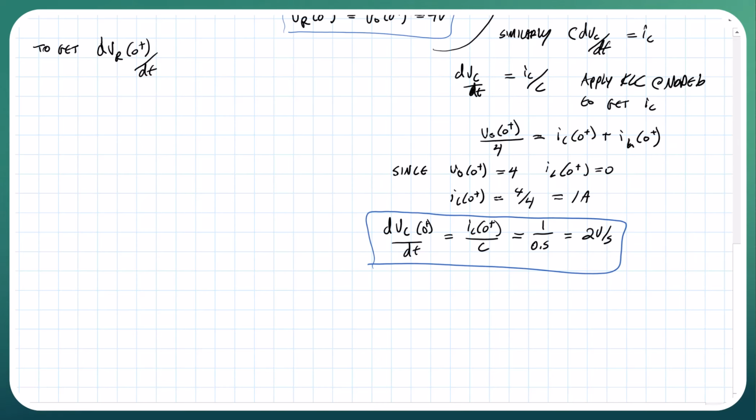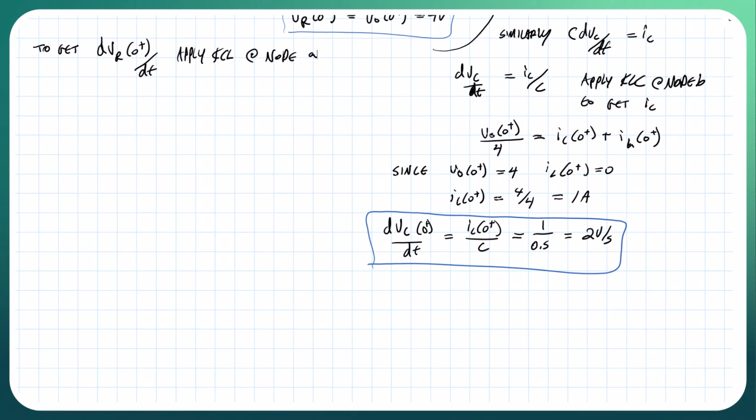We want to apply KCL at node A. Alright, and if we do that, we can obtain the following equation. So it's going to be 3 is equal to VR over 2, plus V naught over 4.